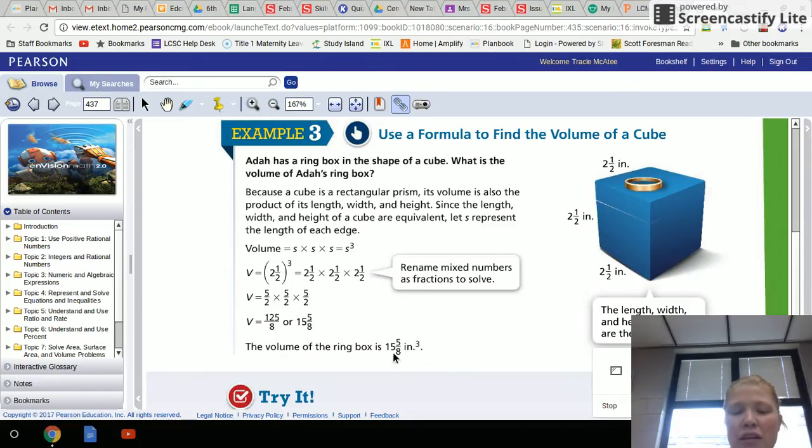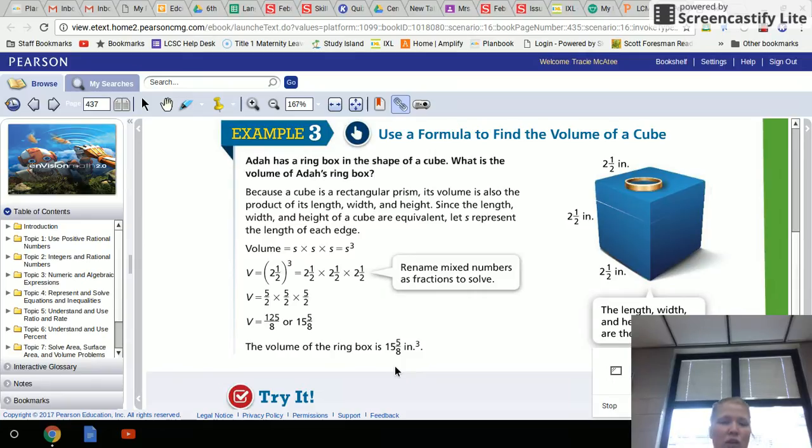Notice that it is cubed now when you're dealing with volume, and your label is not inches squared or feet squared anymore. We're not finding how many 1 inch by 1 inch squares can fit inside this cube. We're trying to find out how many 1 inch by 1 inch by 1 inch cubes could fit inside this object.